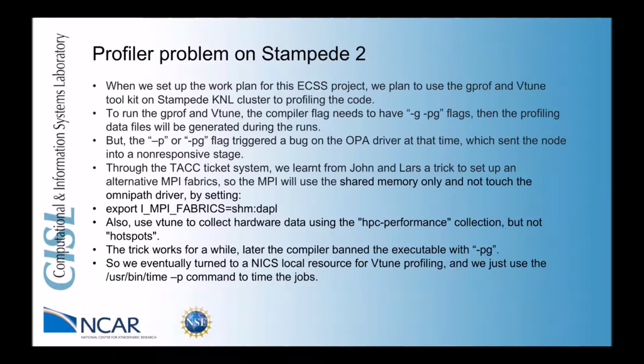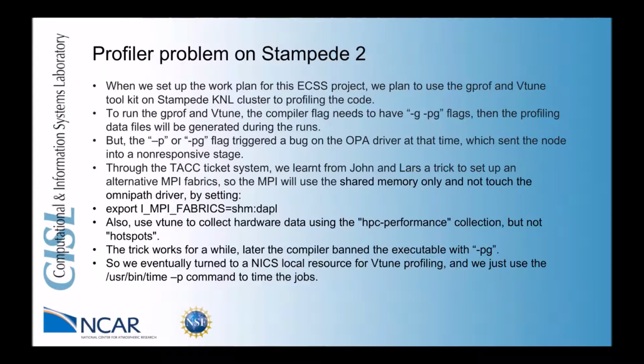We learned from John and Lars a trick to set up an alternative MPI fabric, so the MPI will use shared memory but not touch the OPA driver. The trick worked for a while, but later the compiler just banned the executable with the -pg flags.